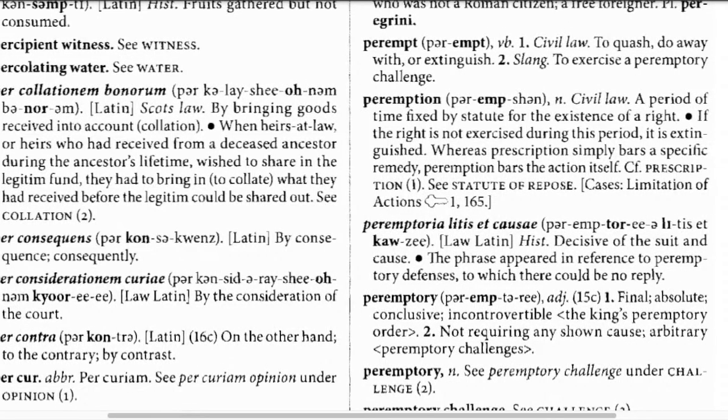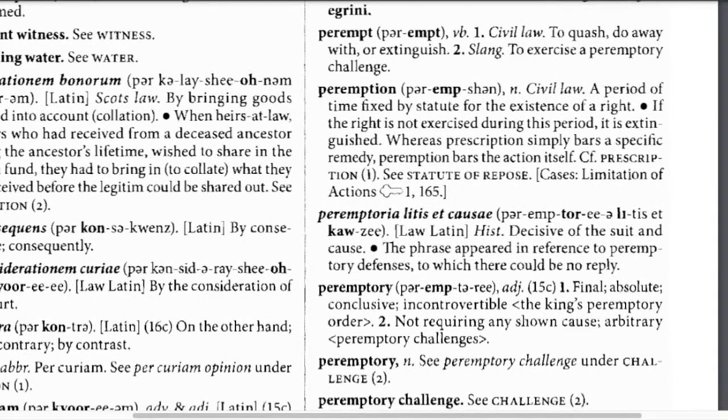Peremption, peremptory. Wow, it's an old word. So, peremptory is an adjective, 15th century, final, absolute, conclusive, incontrovertible. A king's peremptory order, not requiring any shown cause, arbitrary, peremptory, final, absolute, conclusive.